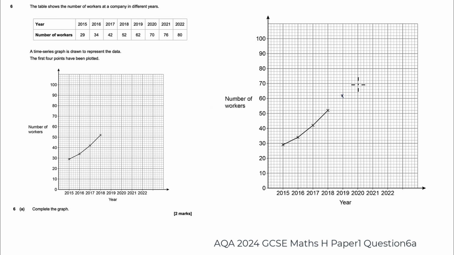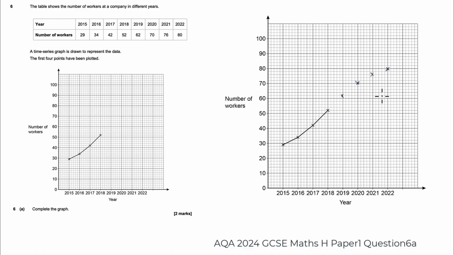There's the 70 line there. 2021, 76. So that's 72, 74, 76, 3 squares up from the 70 line. And then the final entry will be 2022. That's 80 workers. So there's the 2022 line, and that heavy line there is the one representing 80 workers.